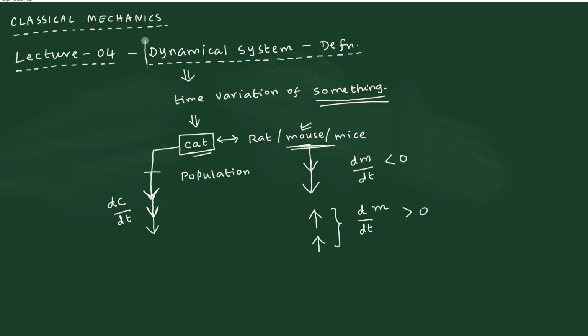Otherwise, I would have written mechanical system here. By the word dynamical system, we mean to talk about a greater variety of problems which go beyond physics. That is exactly the meaning of using the word dynamical.